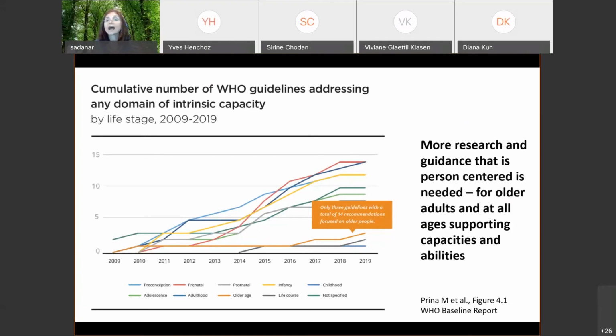And of those, we only had 3 guidelines with 14 recommendations focusing on older people. So we definitely need to do more ourselves to synthesize information and also say what can be done. So that's one of the challenges that we've put out for WHO.